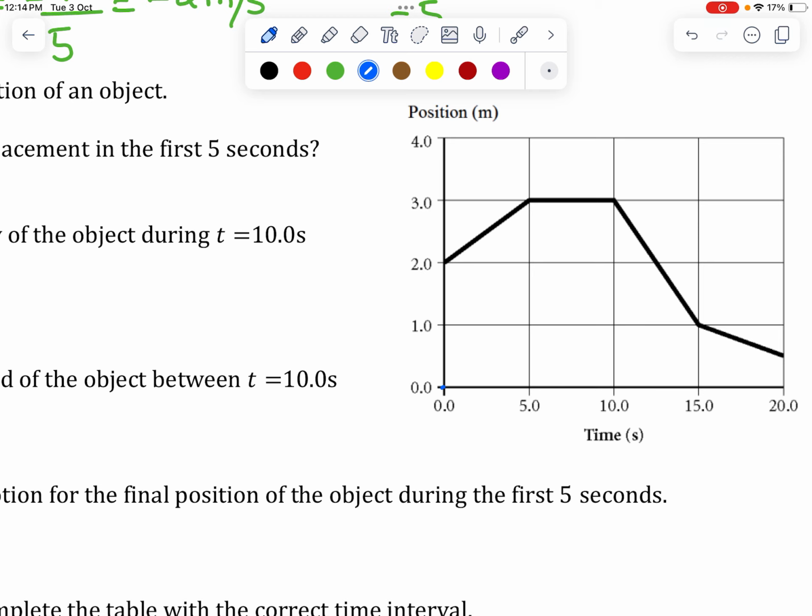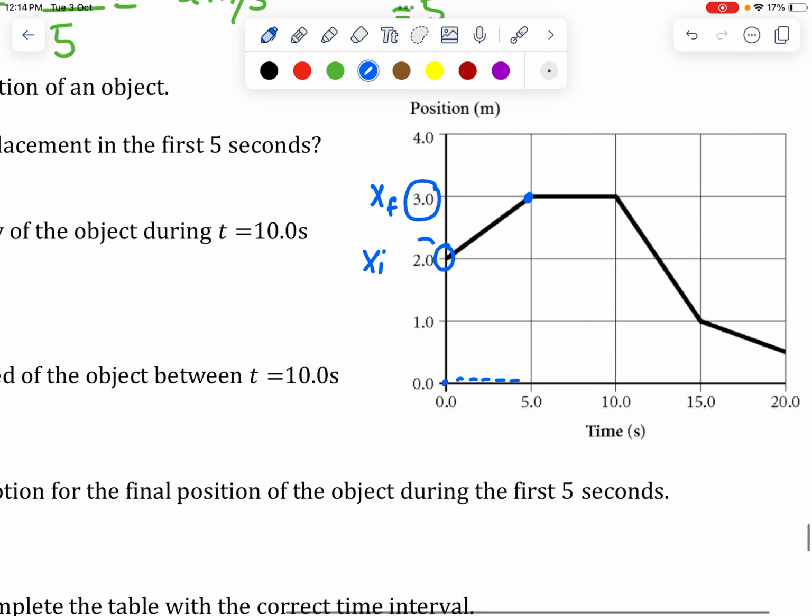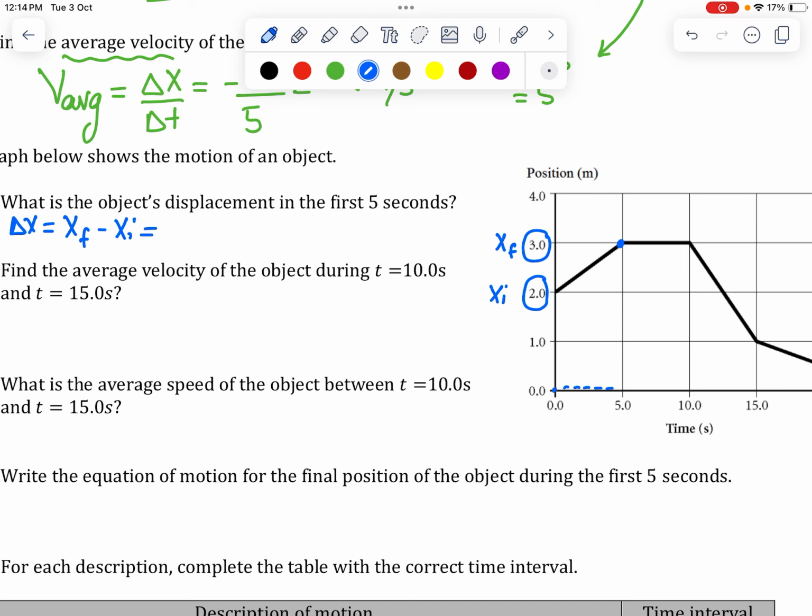Here, the position was 2, and after 5 seconds, the object has a final position of 3. So x final minus x initial is 3 minus 2, so it only went 1 meter.